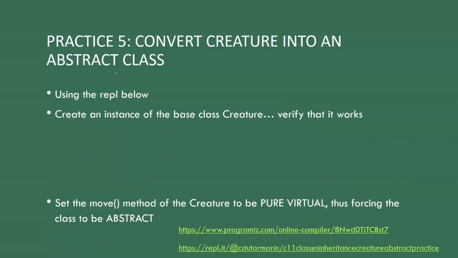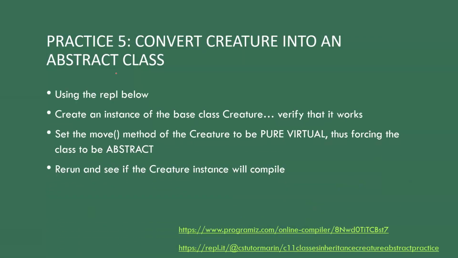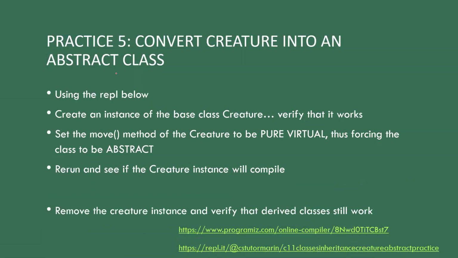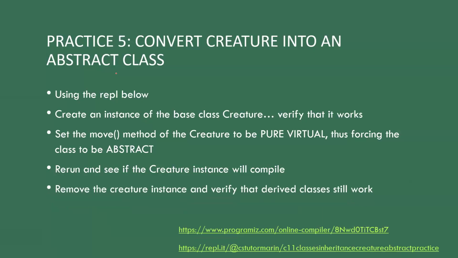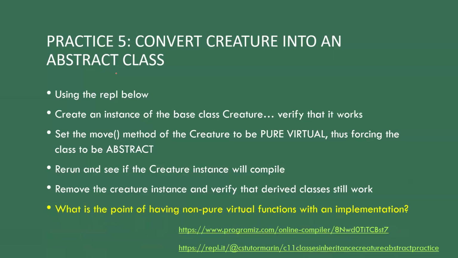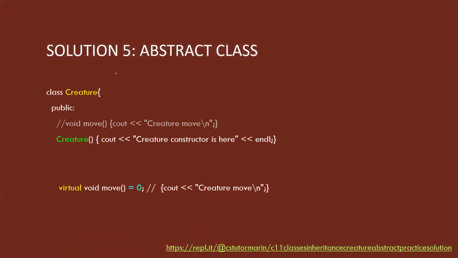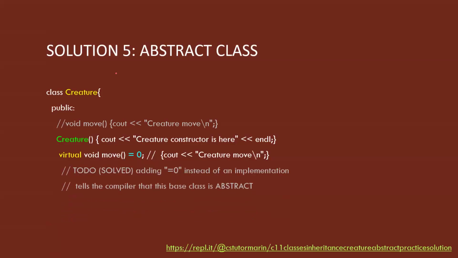Okay. So just for the sake of time, I won't drag you through this one because I know we got a lot of practice problems in here, but it's trivial to do this, right? So let's just look at the solution for this real quick and pick up some speed, right? All I'm really doing is adding the equals 0 to my base class. Just that easy. Okay. So that makes this pure virtual.